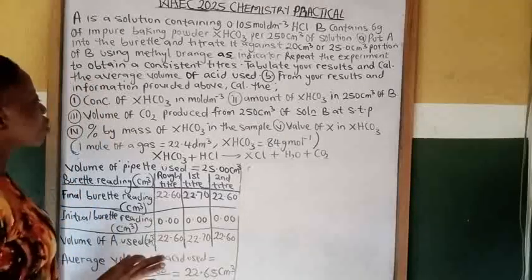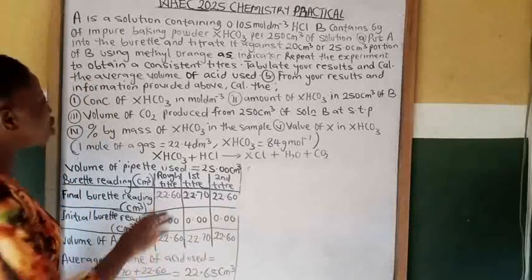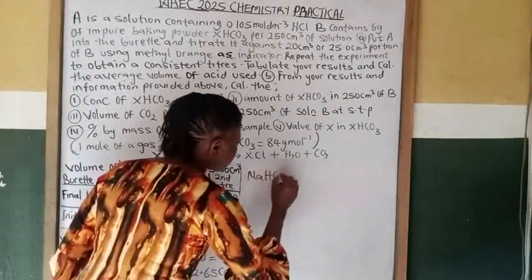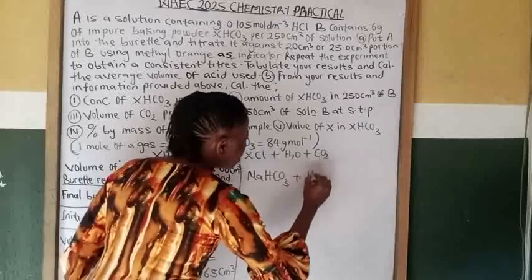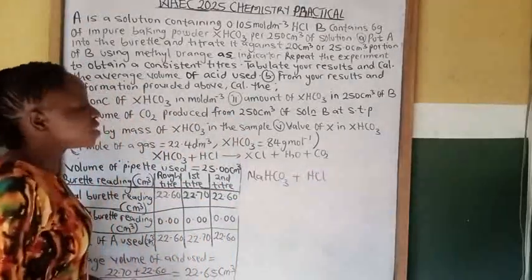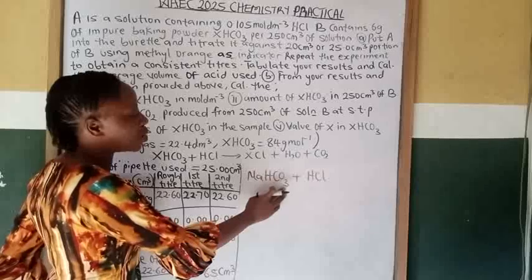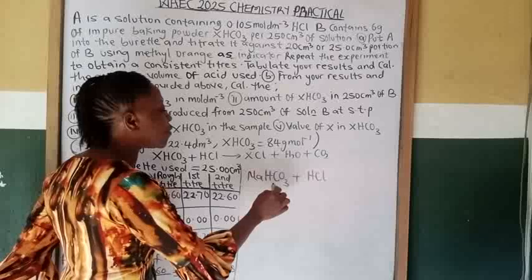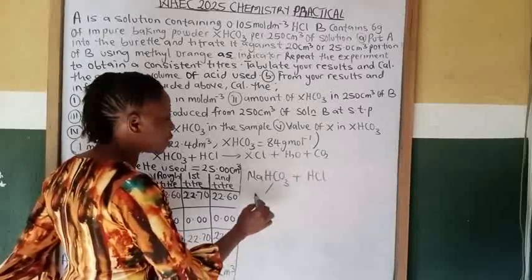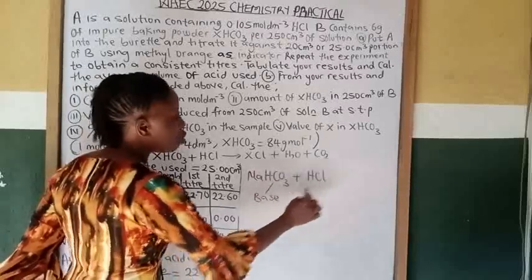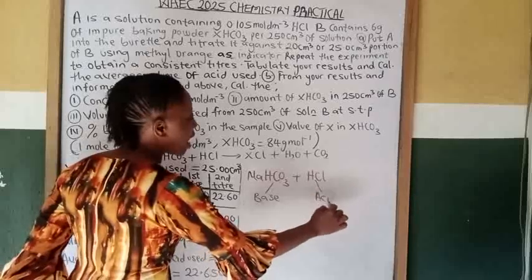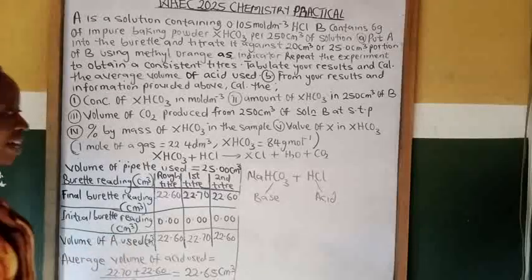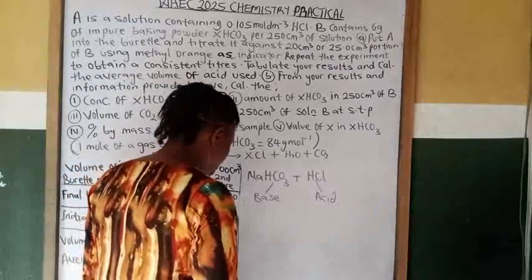Then for this year, our titration is on NaHCO3 plus HCl, sodium hydrogen carbonate and hydrochloric acid. So it shows that our titration for this year is acid-base titration. This is our base, while HCl is our acid.